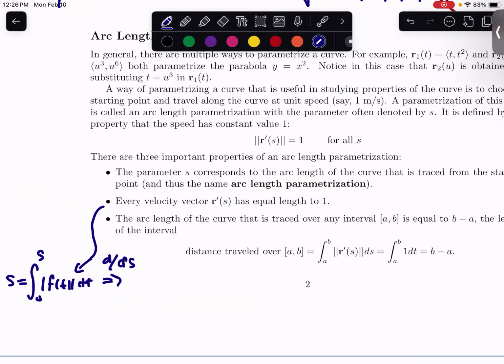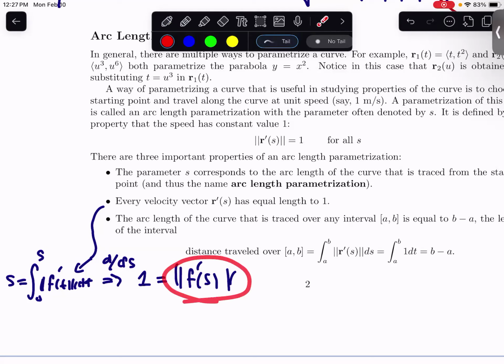If you're thinking in terms of arc length, and this is instead the magnitude of the derivative, then this tells you the magnitude ends up being equal to 1. That's the intuition behind why the magnitude is just 1 here.